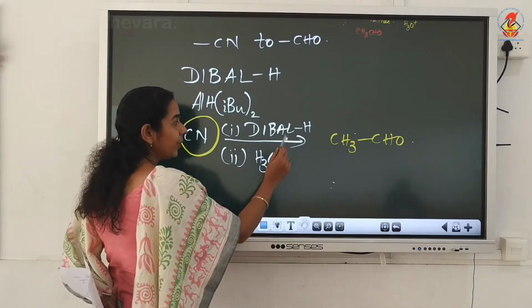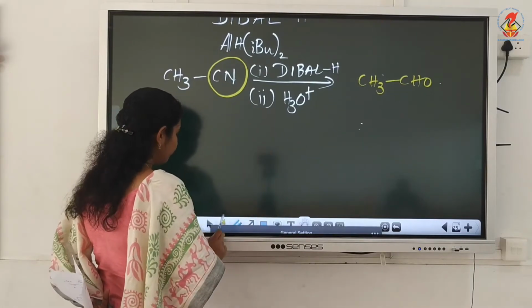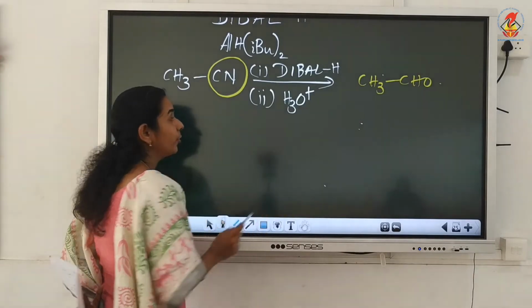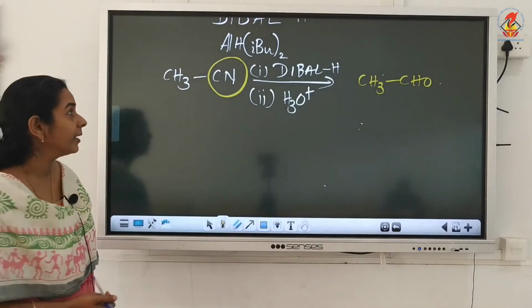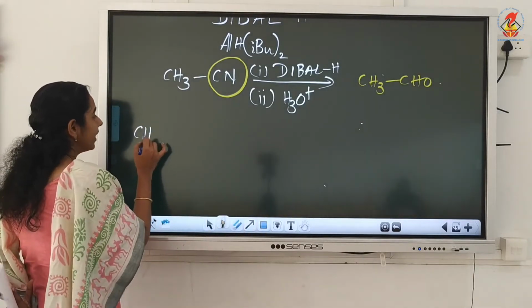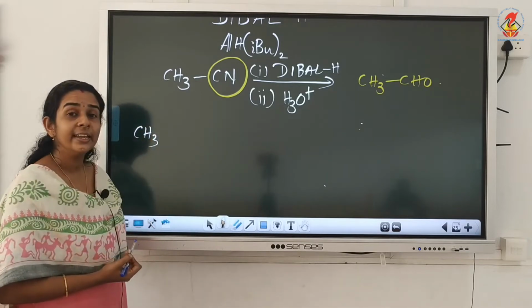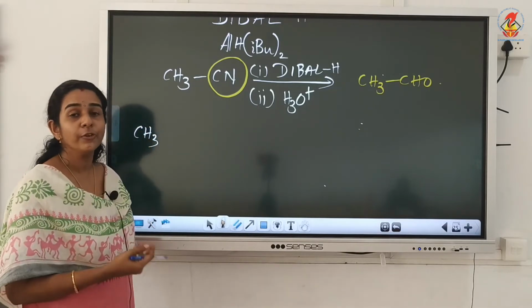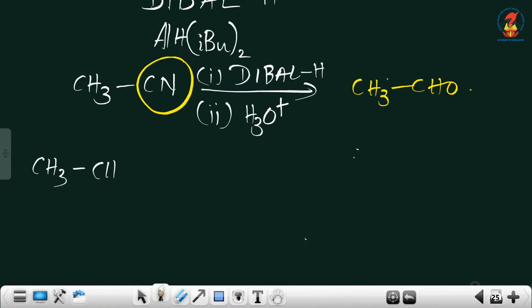Now there is one advantage for this dibal-H. If we use dibal-H as the reagent, suppose the reactant molecule has any double bond or any other functional group present, for example CH3CH=CHCN.